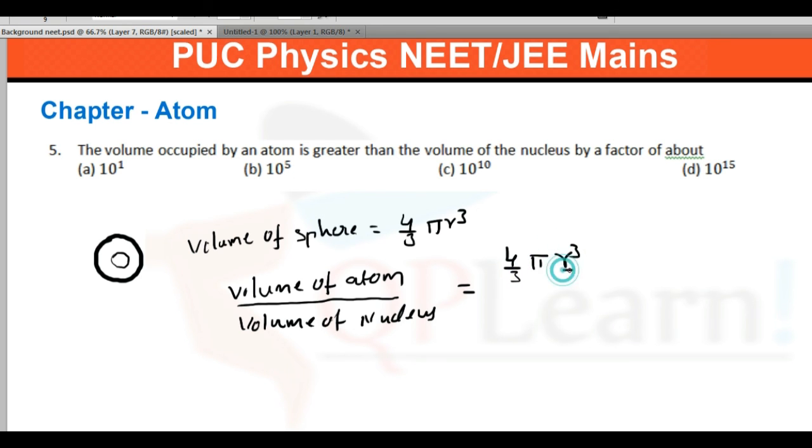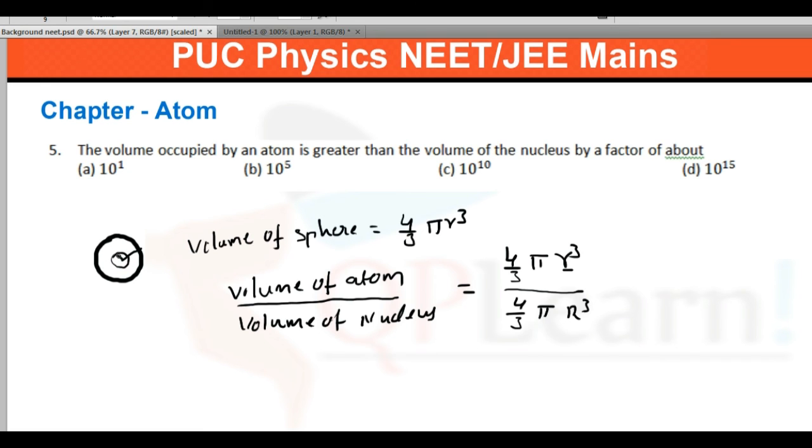Here r is the radius of the atom, whole divided by the volume of the nucleus, which is also 4 by 3 pi R cube, where capital R is the radius of the nucleus.